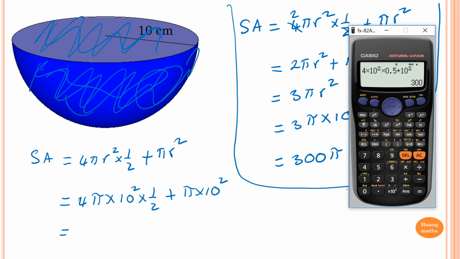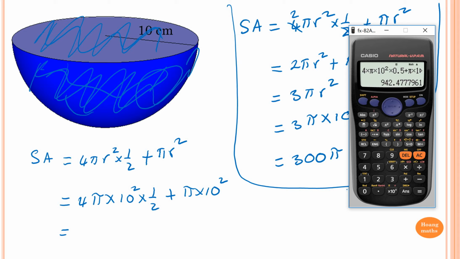Okay, if I want to write in decimal form, I can also write 4 times pi times 10 squared times 0.5, or times a half, doesn't matter, add pi times 10 squared. Which gives me 942.5, correct to one decimal place.